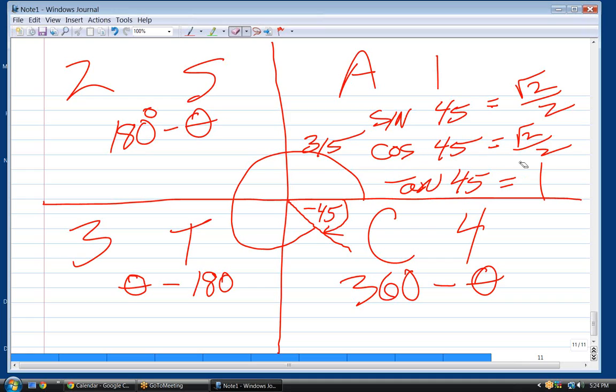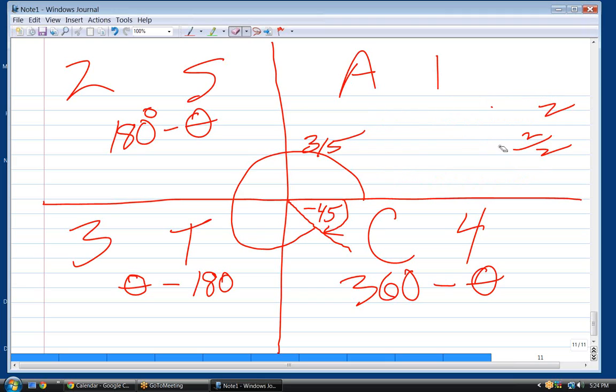In other words, you want to be able to fairly quickly do any trig function of any angle that is a multiple of 30, 60, or 45.